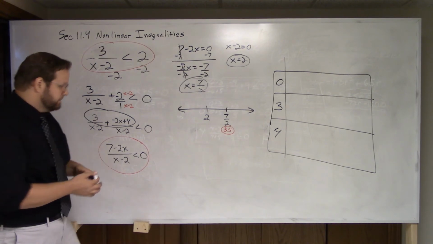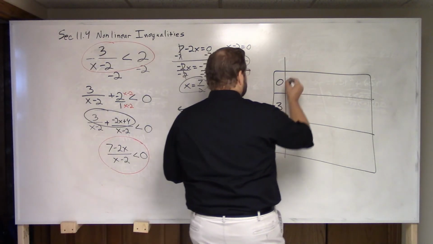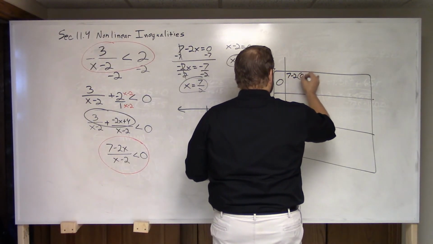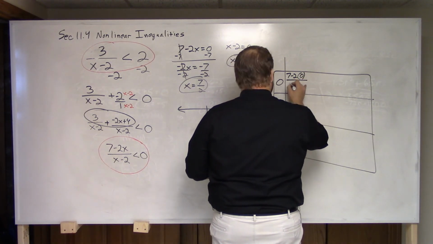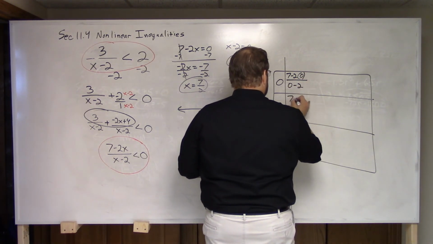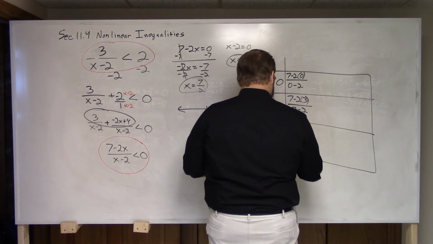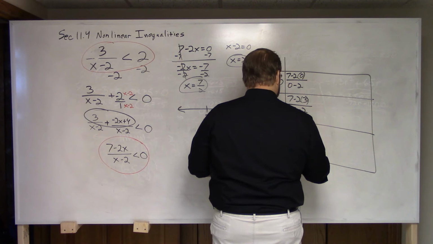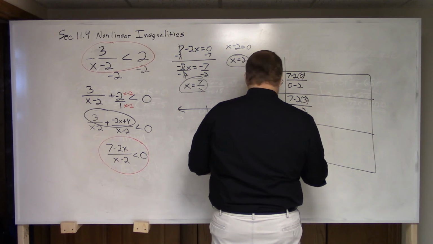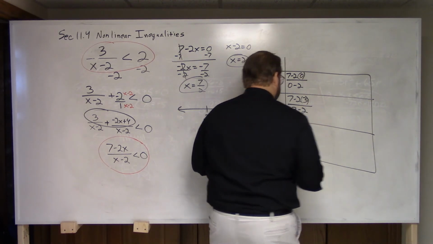I'm going to go with this. So I've got 7 minus 2 times 0 over 0 minus 2. 7 minus 2 times 3 over 3 minus 2. 7 minus 2 times 4 over 4 minus 2.